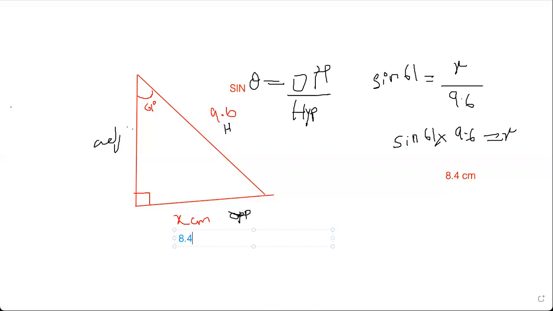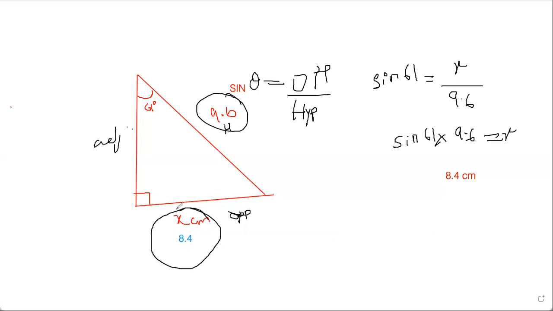And I told you one thing, for the hypotenuse, we need to remember two things. Number one, hypotenuse is the side which is always present opposite to the 90 degree. And the other thing is hypotenuse is the longest side of the triangle. Now you can see the value of hypotenuse is 9.6 here, and the value of opposite is 8.4.